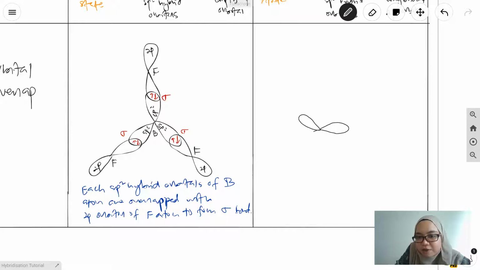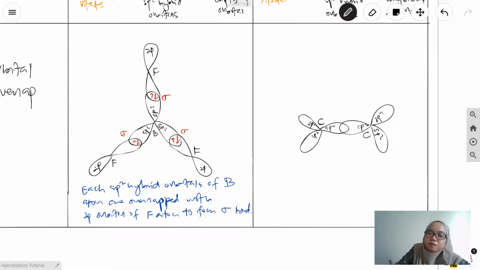Trigonal planar for this C and trigonal planar for this C. And then you label this sp2, sp2, sp2. This one also sp2, sp2, sp2. Okay, so the carbon part is done.